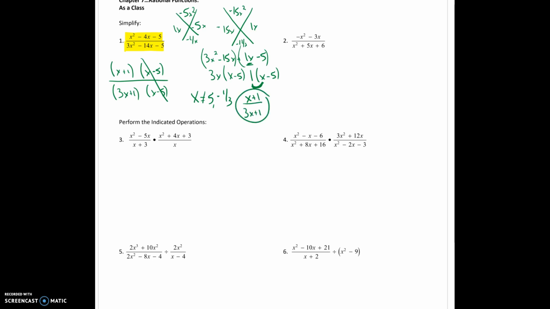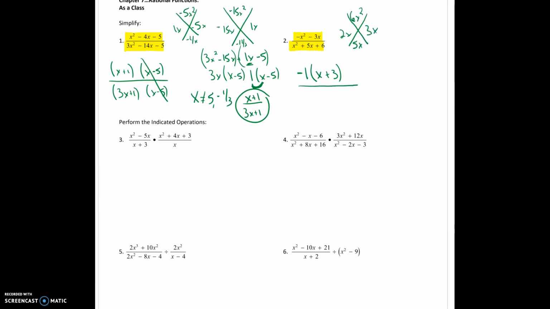So number 2, I'm going to factor. Looking at my numerator, I can not only factor out an x, but I'm going to factor out a -1x. And my denominator, there is no GCF. So starting with the top, I'm going to take out a -1, and then I'll have x plus 3. And in the bottom, I already looked for a GCF, so I need factors of 6x² that get me to 5x, and that'll be 2x and 3x.